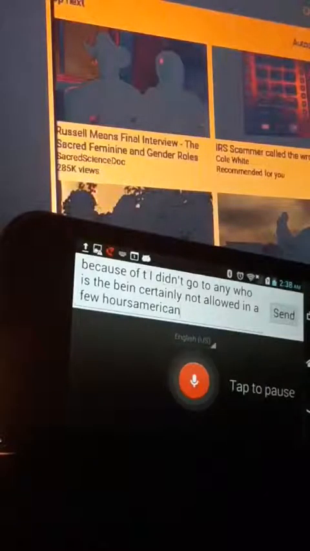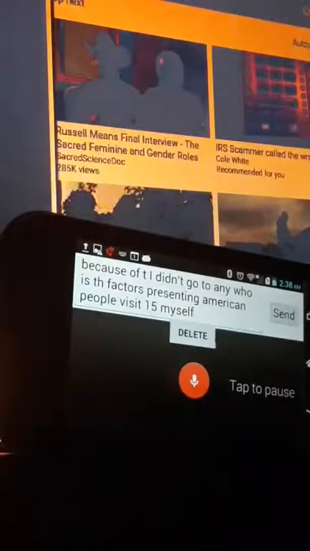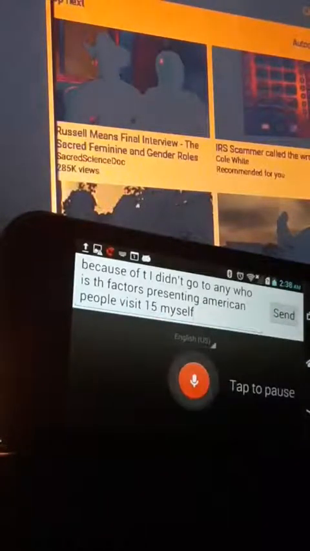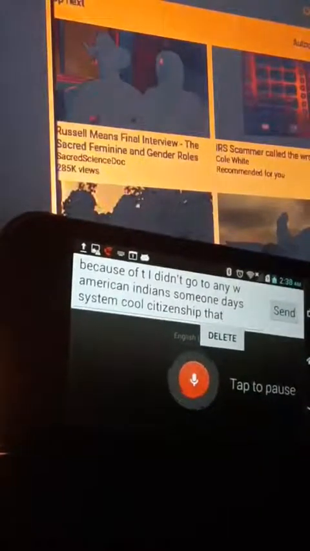Now, the major factors presenting American Indian people with existing rights to self-determination. American Indians suffer under a system of dual citizenship, that is, U.S. citizenship and tribal citizenship maintained by the BIA. Only Hitler did that. The dual citizenship is a major obstacle in the free exercise of individual and tribal sovereignty. The continuing loss and attrition of existing lands to various federal, state, and local laws and regulations is a hindrance.